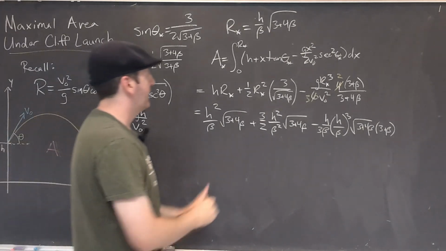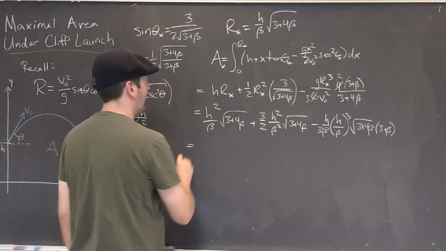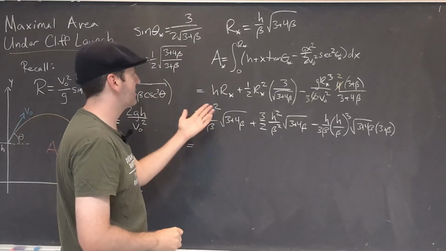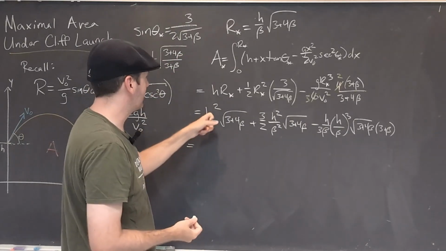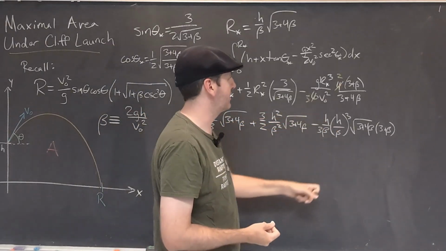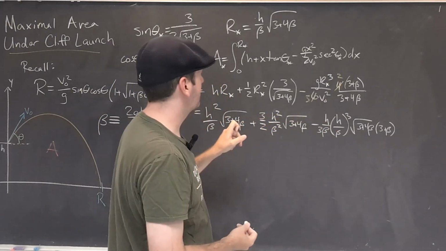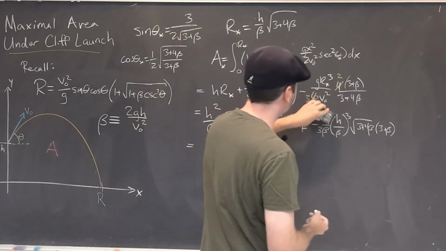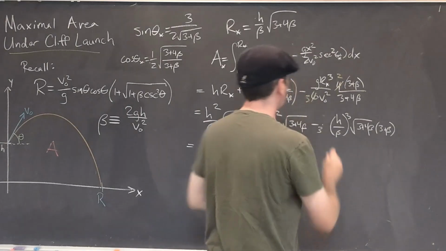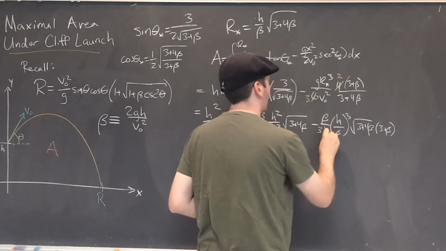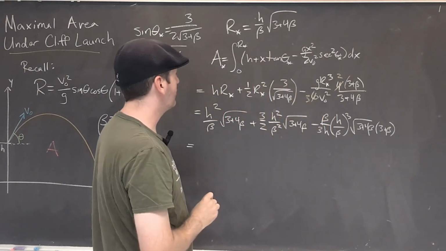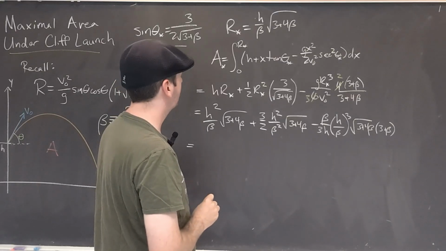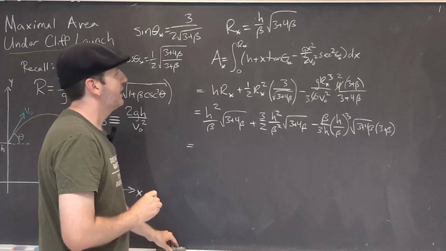Okay, let's factor whatever we can out of this. Obviously, it's an area, so there should be a distance squared, which there is. There's an h squared in all of these terms. Whoops, let's see. Yeah, I messed up here. This should have been beta over h. And actually, the 2 is probably in the wrong spot. No, the 2 is in the right spot.